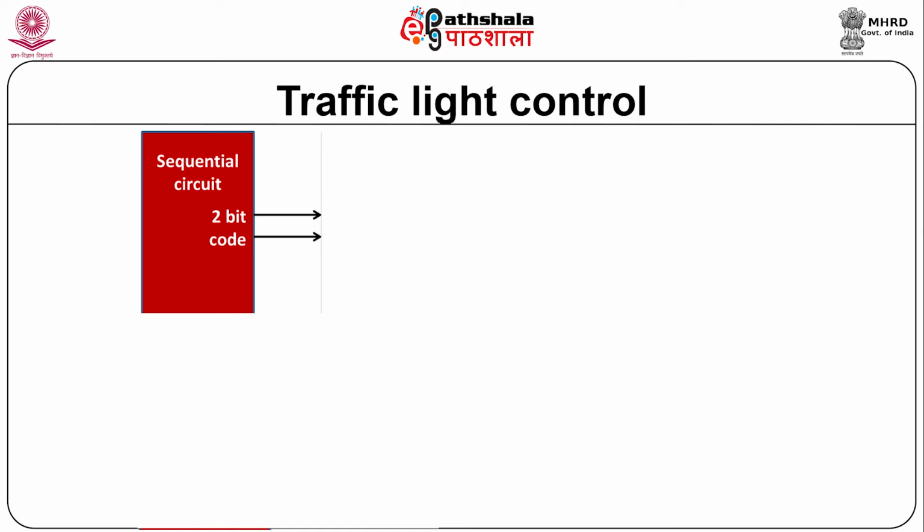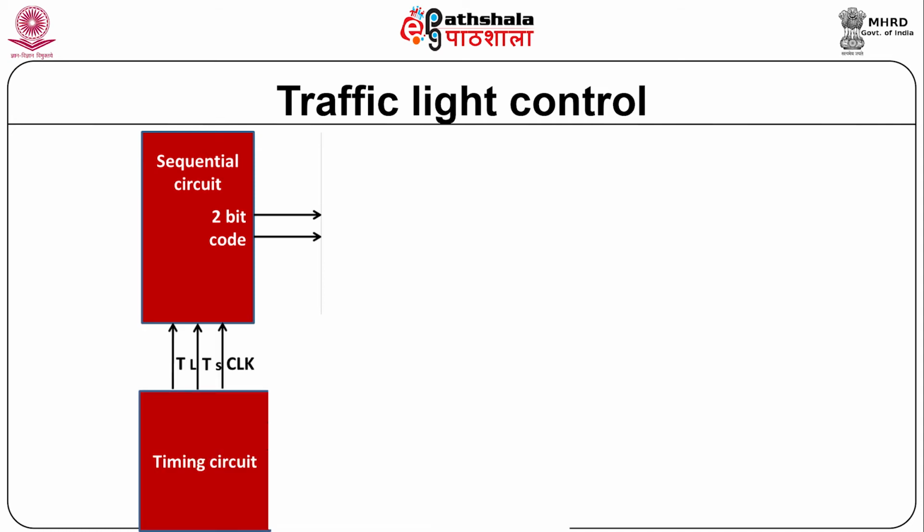The binary code generated by the circuit is 00, 01, 11 and 10. The sequential circuit requires a timing circuit to generate a long duration timing of 60 seconds and a short duration timing of 5 seconds. This circuit can change the state according to the clock signal. The timing circuit has 3 outputs, TL, TS and clock.